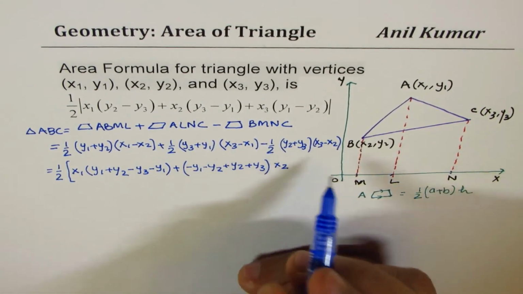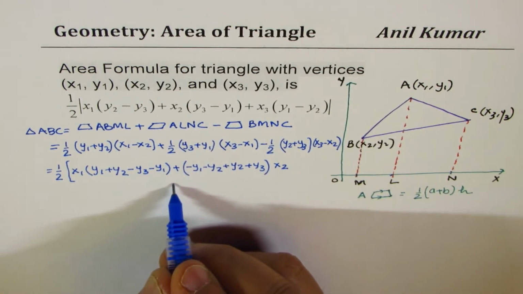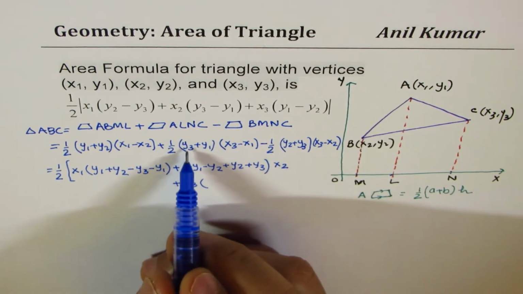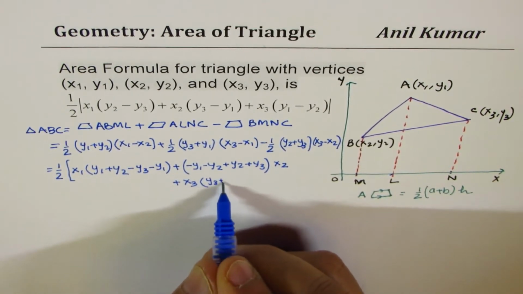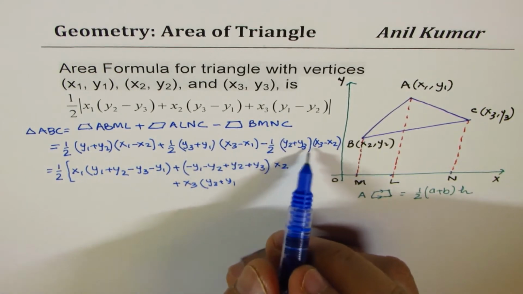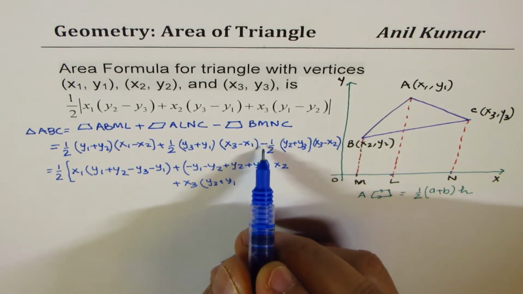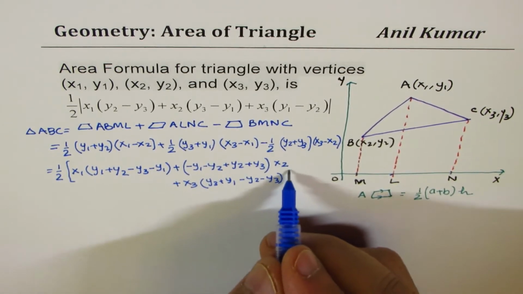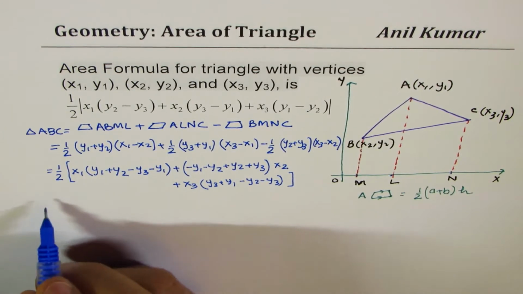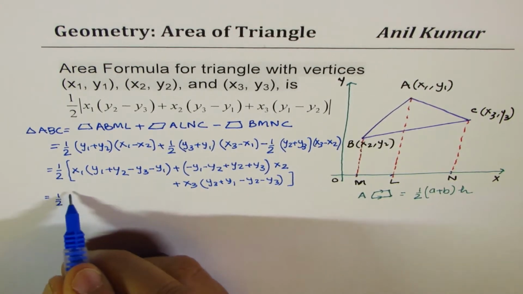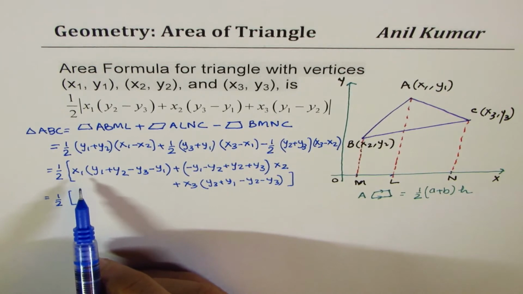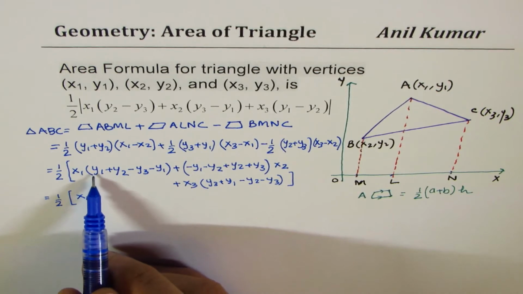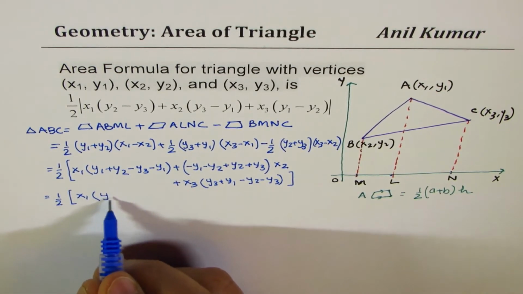Similarly with x3, so I'm running out of space here, I'll write here. So we have plus x3. With x3, we have these two positive, y3 plus y1. And the negative part is, this becomes negative because of that negative, minus y2 minus y3, correct? Let's close the bracket. Now, we are almost there. We have half of. Now with x1, what do we get? Now y1 cancel, we get y2 minus y3.